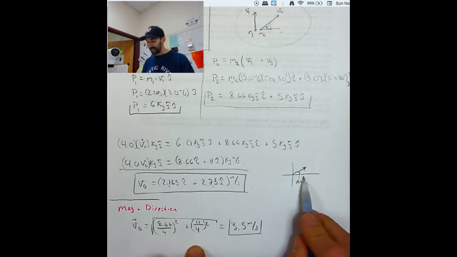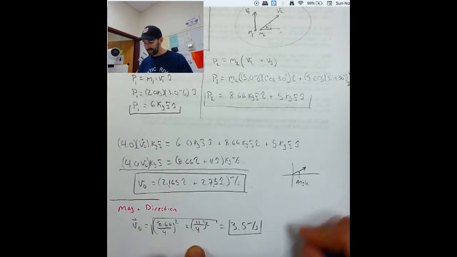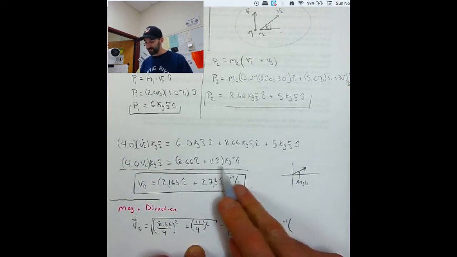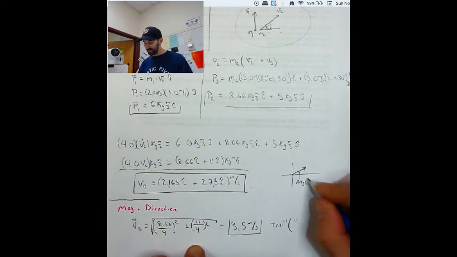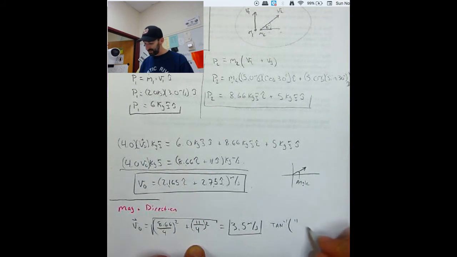So we can see that I have an x and a y, so I'm going to use tan. To find my angle, I'm going to say the inverse tan of j over i, 11 over 8.66. Inverse tan of 11 over 8.66, 51.78.